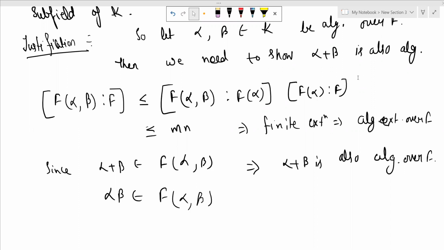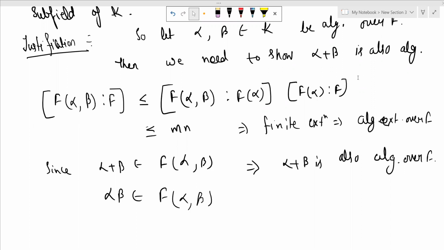If alpha is any algebraic number and beta is any algebraic number, I need to show that alpha beta is also algebraic over F. I am just asking you, does alpha beta belong to the field F(alpha, beta)? F(alpha, beta) is the smallest field containing alpha and beta.